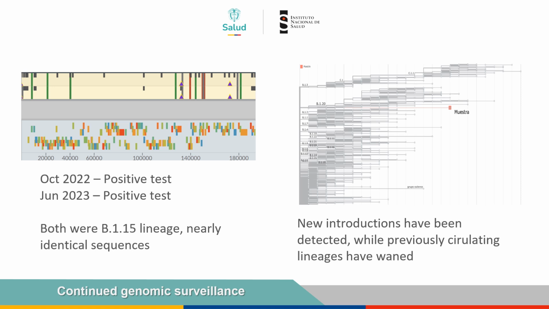We have also detected new introductions since 2022. In 2024, we have detected introductions of lineage B.1.20, which wasn't previously circulating in the country, and we also have evidence for the waning circulation of lineages which were previously detected in the country.